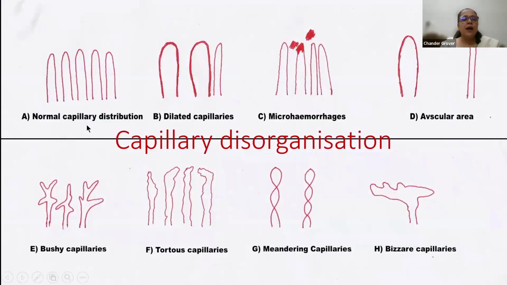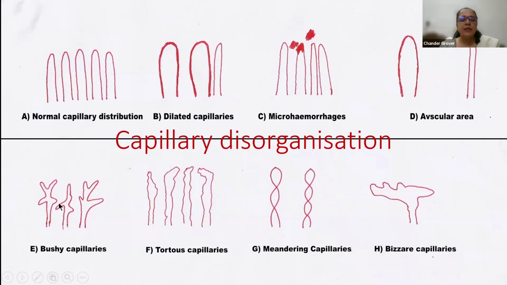So when you have a normal distribution and you have a disease, the capillary disorganization starts. The first stage is dilated capillaries, because now the blood supply is compromised and the existing vessels dilate. Microhemorrhages signify active inflammation. Then one of them is going to drop out slowly, because these capillaries are getting entangled in the fibrosis occurring in this area. So you will have an avascular area.